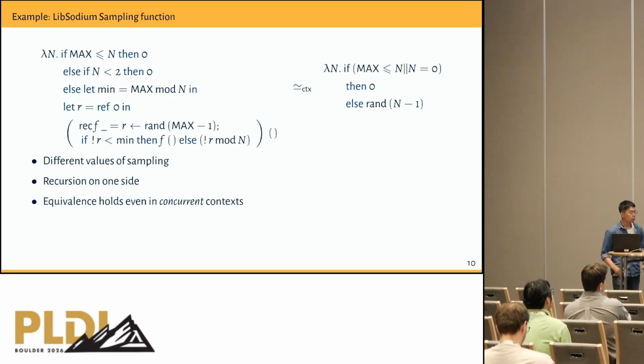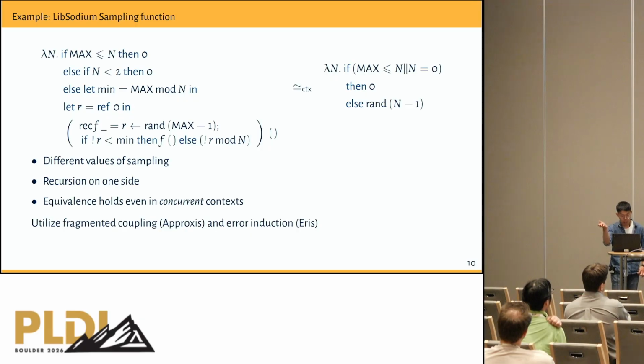And finally, our result is stronger than those in previous logics because our equivalence also holds in contexts that might utilize concurrency. And this gives us more guarantee that the implementation is thread safe. To prove this equivalence, you have to utilize fragmented couplings and error induction, both of which are logical facilities introduced in previous logics.